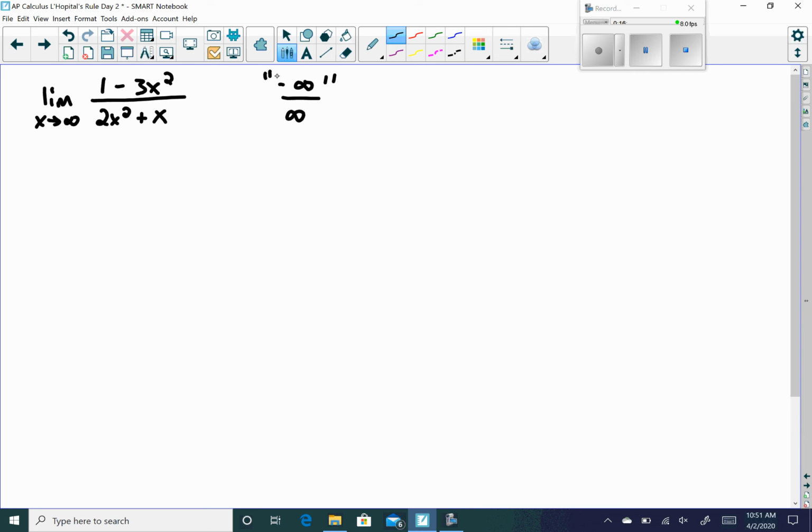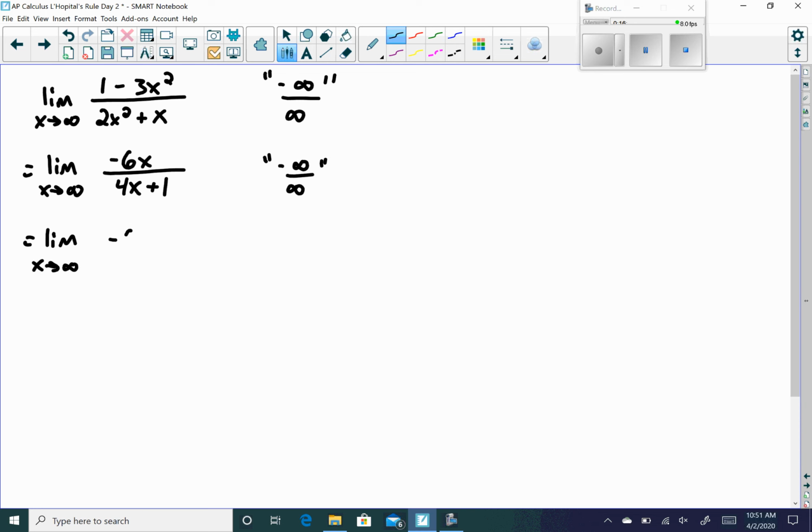Now, we can't say that that's a -1, again, because infinities are not an actual number. So we're still going to go through and take the derivative. So up top, we're just going to get a -6x over a 4x plus 1. We're still at a negative infinity over infinity. So we have to try this one more time.